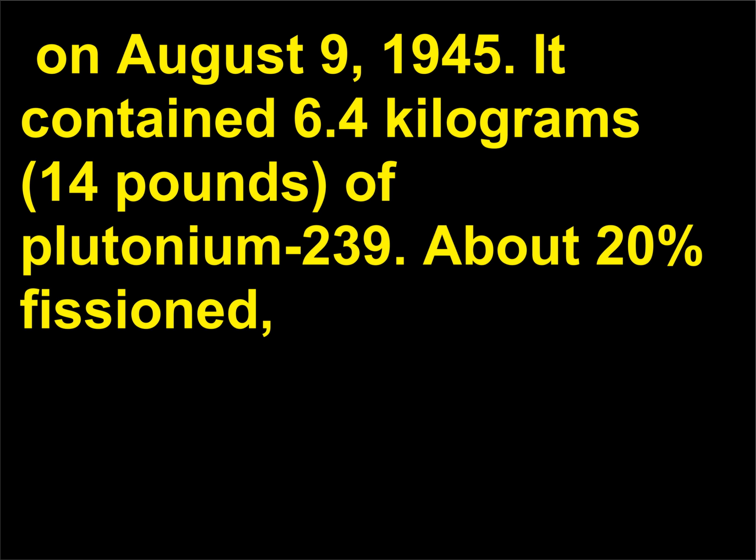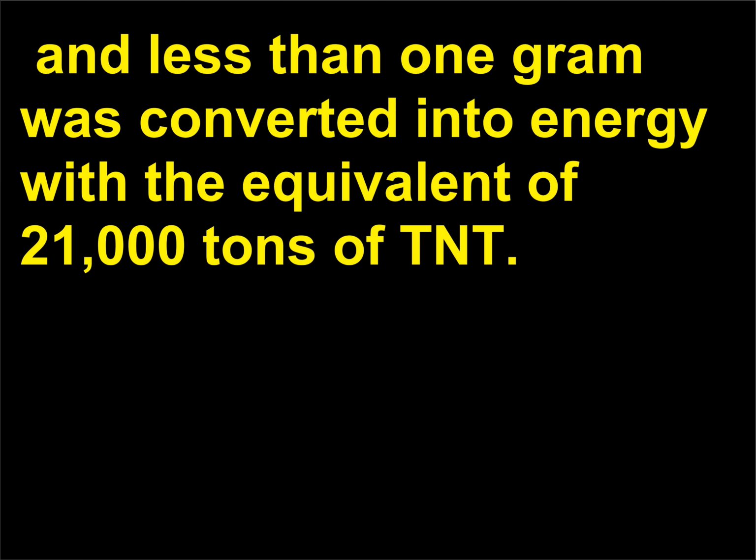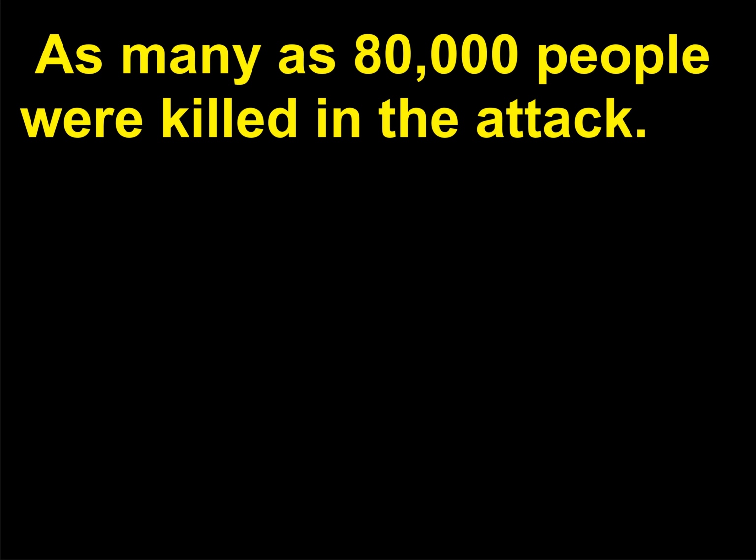It contained 6.4 kilograms, 14 pounds, of plutonium-239, about 20% fissionable, and less than 1 gram was converted into energy with the equivalent of 21,000 tons of TNT. As many as 80,000 people were killed in the attack.